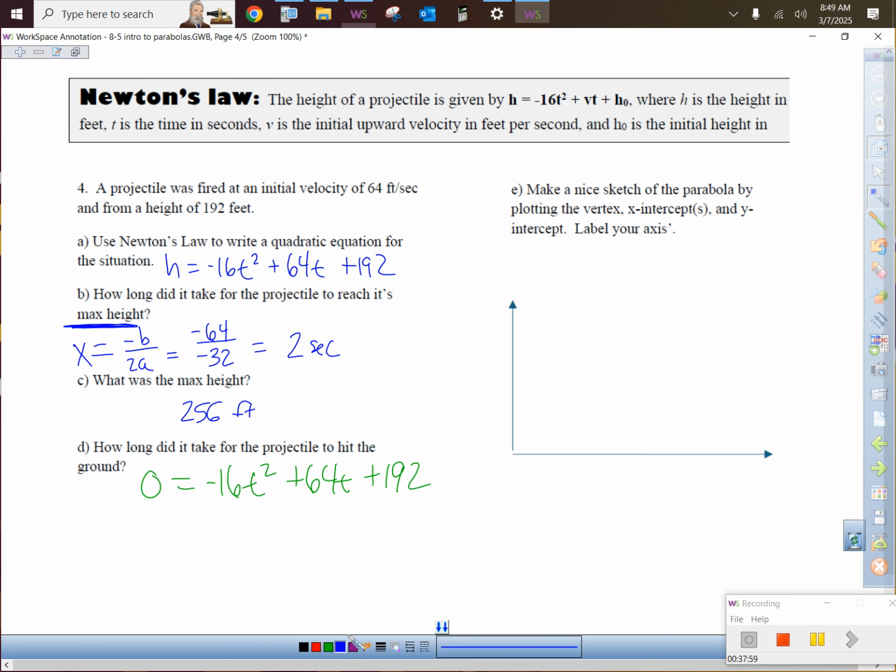So see if negative 16 goes in there. It might not. It might be like an 8 where we might have to frowny face factor this. But does 16 go into 64 and does 16 go into 192 evenly? Does it? Cool. I'll let you finish. Factor out the negative 16 so you can keep that number in front of t squared to be a positive 1.